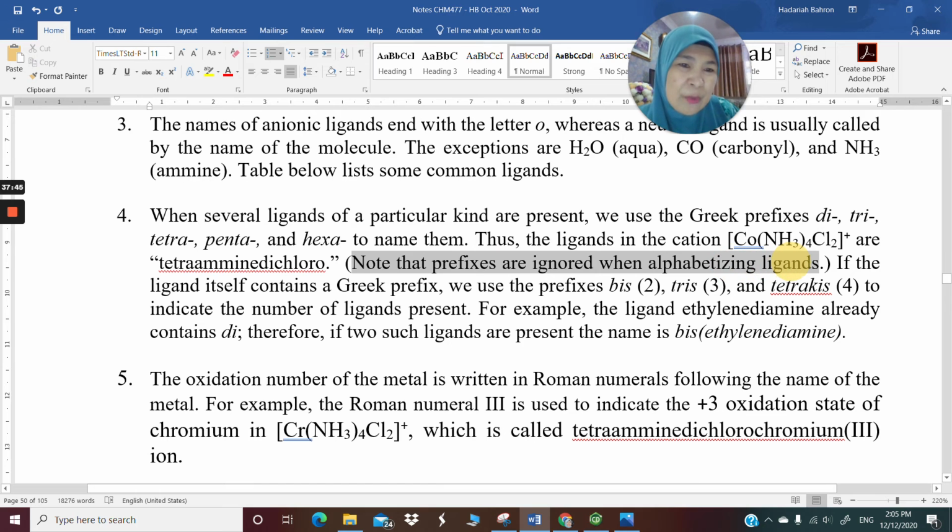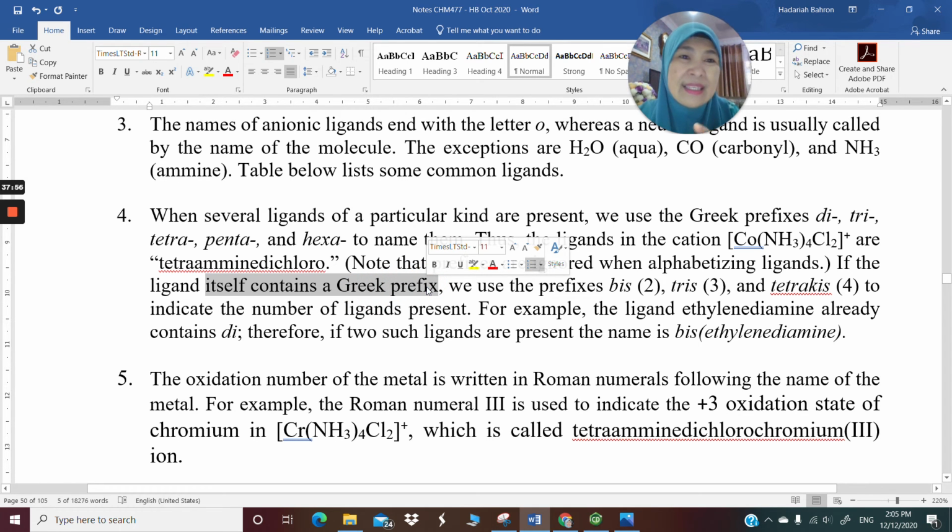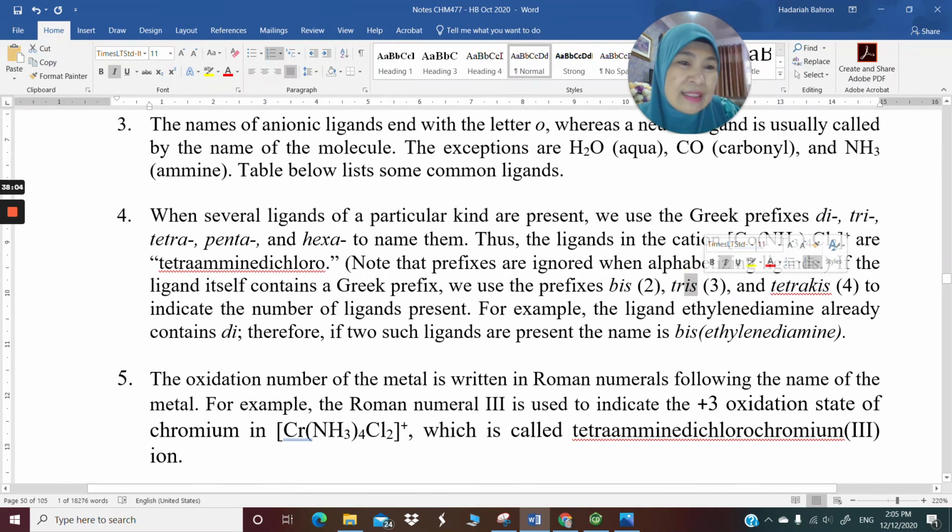If the ligand itself contains a Greek prefix, for example, ethylenediamine, you already have di in there. So you use the prefixes bis, tris, tetrakis: bis for 2, tris for 3, tetrakis for 4, to indicate the number of ligands present.